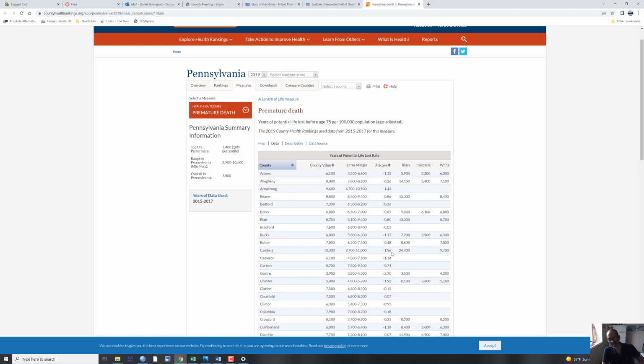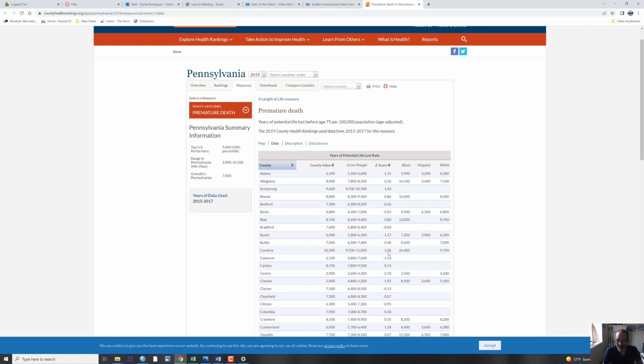they're almost 2 standard deviations above the state mean. Standard deviation, hopefully you know this, I know people who took stats with me, we have 68% of all population values between plus or minus 1 standard deviation from the mean. Plus or minus 2 standard deviations from the mean encompass 95% of all population values.